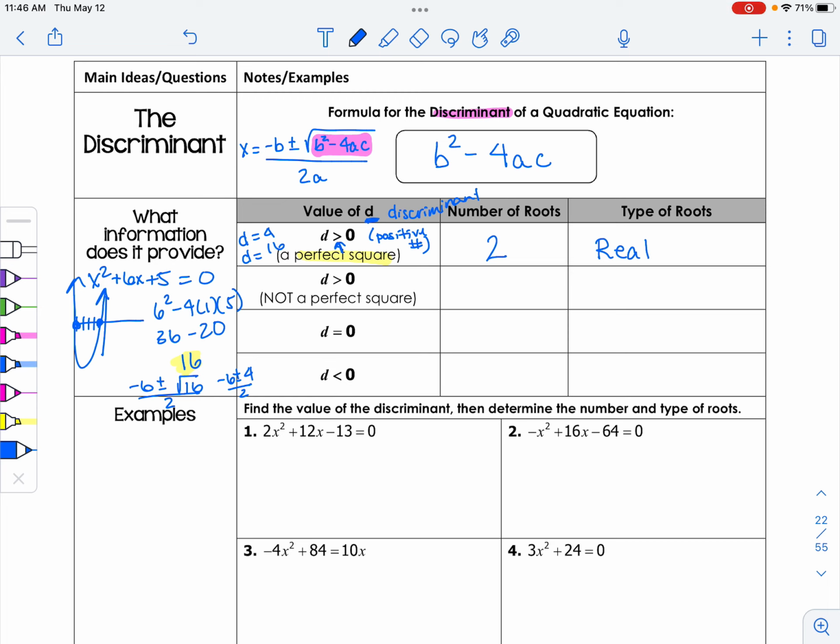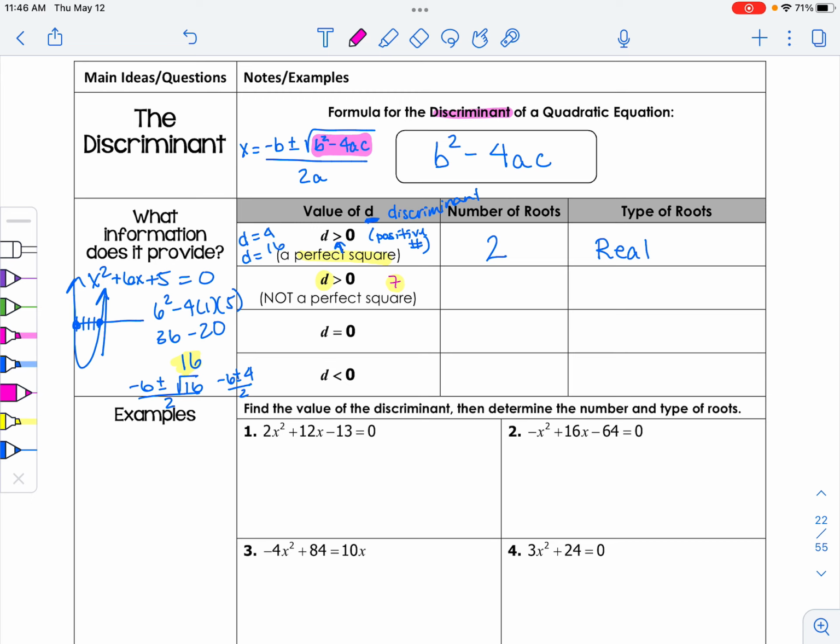If it's not a perfect square, but it's still positive, so potentially you have something like the square root of 7. Your discriminant is actually the 7 part, but if you were doing the full quadratic equation, you would have the square root. So I'm actually going to erase that square root because I don't want you to ever think that the discriminant includes the square root. It doesn't.